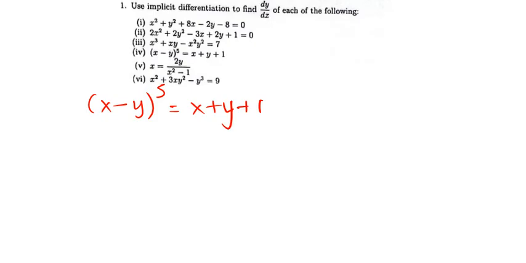Now, what chain rule tells us is, assume there's a constant 1 there. 5 times 1 is 5. (x minus y), reduce the power by 1, it becomes the power 4. Now, you don't actually end at that point. You're supposed to multiply by the derivative of what is in the brackets. Now, what's the derivative of x minus y? Derivative of x is 1.